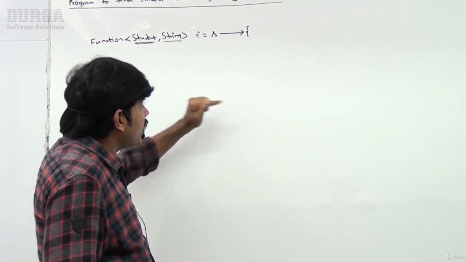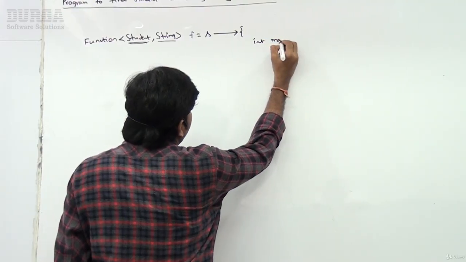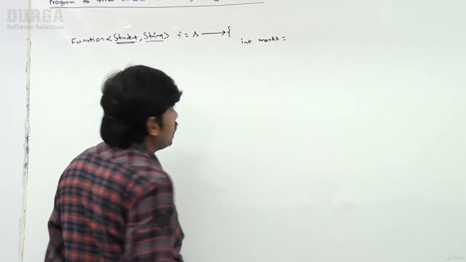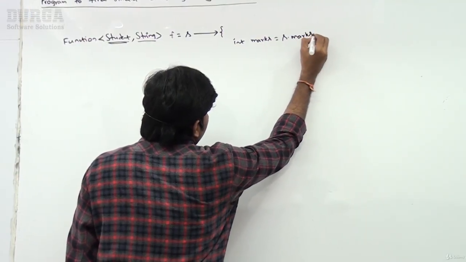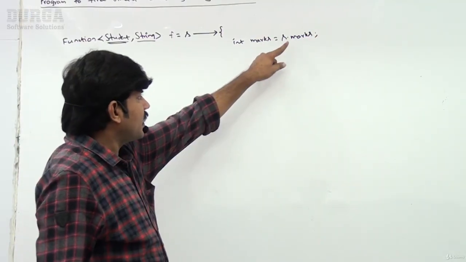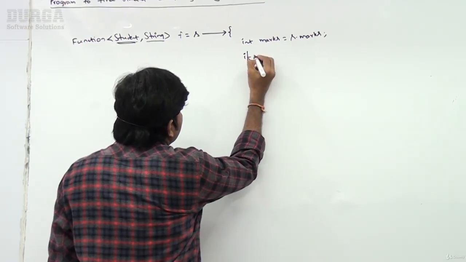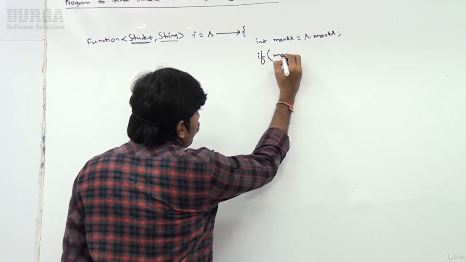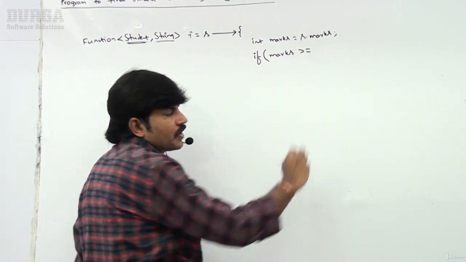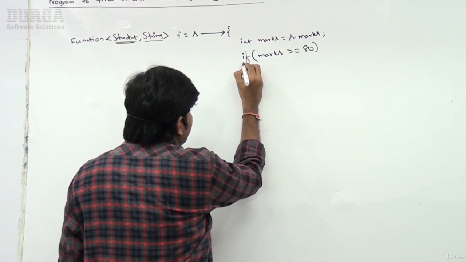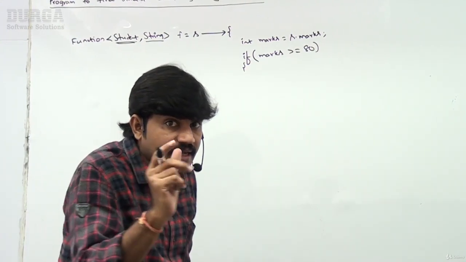So what I have to do is int marks = s.marks, so I'm trying to find the student's marks. Now here, if marks are greater than or equal to 80, which grade do I have to return? A grade.